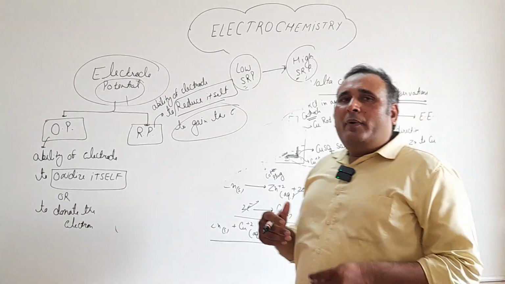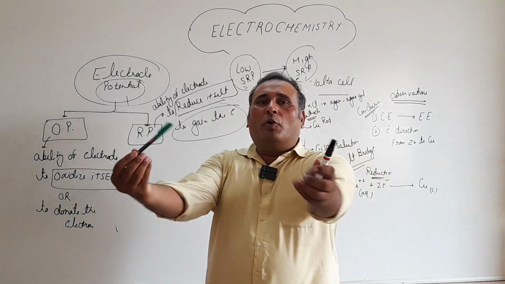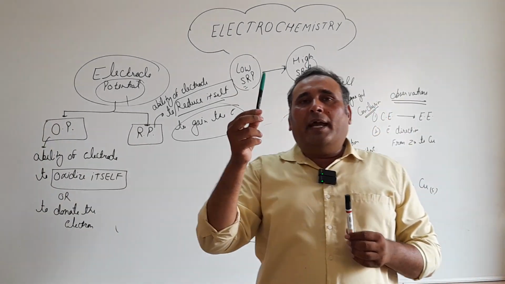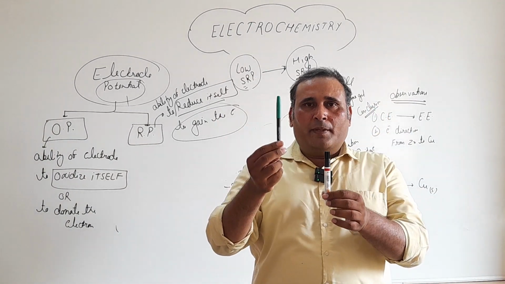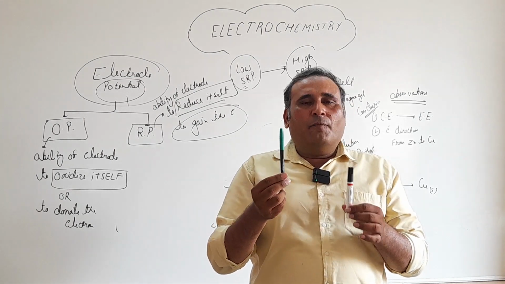Correct? Now, what is SOP? Suppose I say the SOP of this electrode is more, and the SOP of this electrode is less. What does it mean?